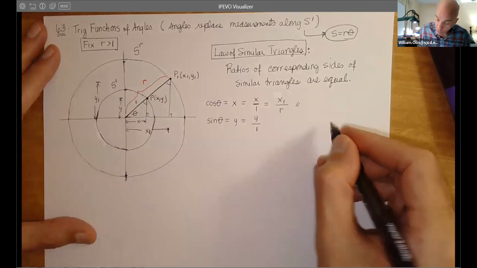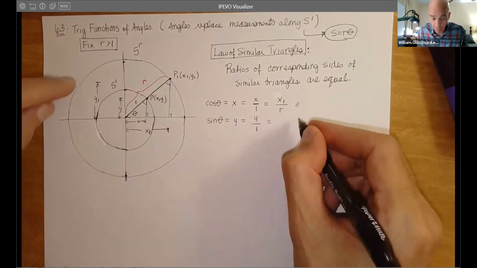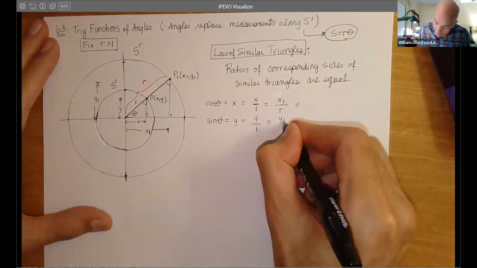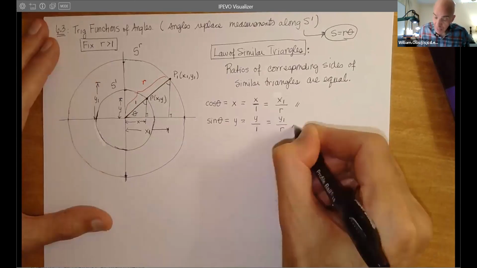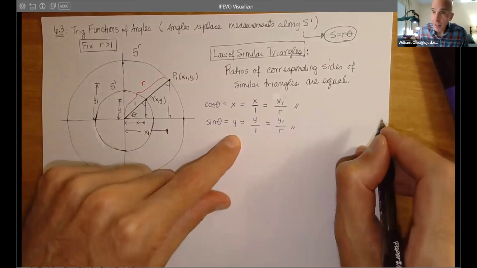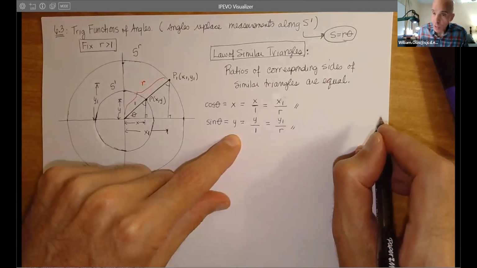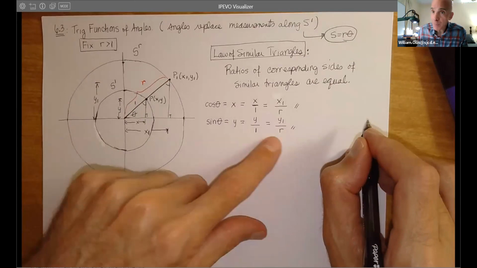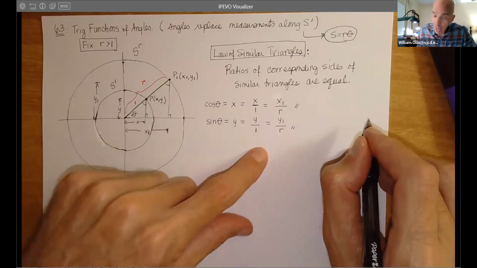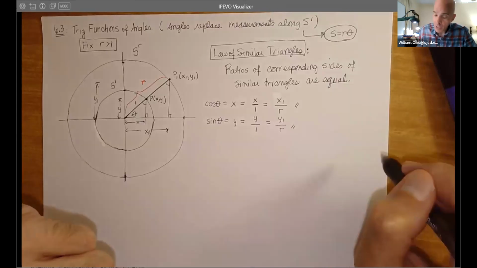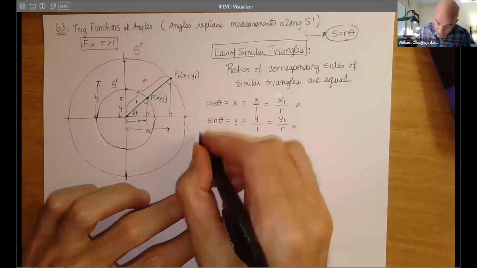But by the law of similar triangles, that will now be y1 over r. So not only does the sine equal the y coordinate on the unit circle terminal point, it also equals the ratio of the opposite side divided by the hypotenuse for any triangle that's similar to this.